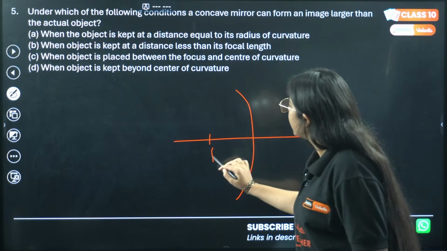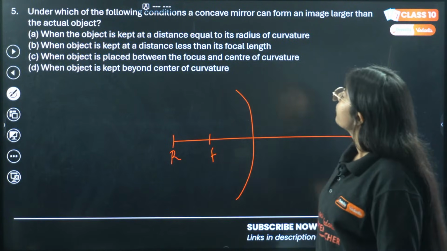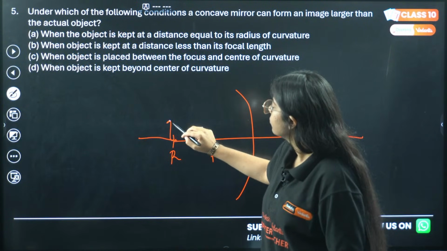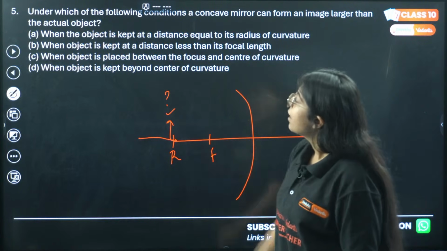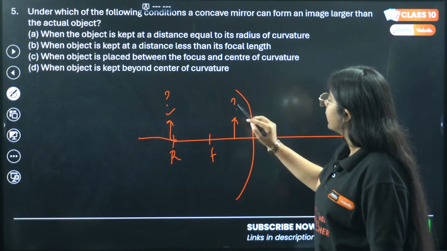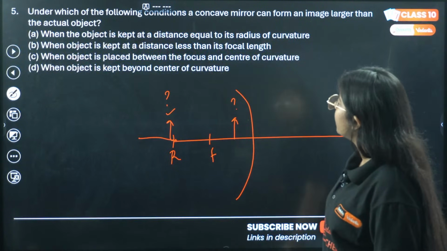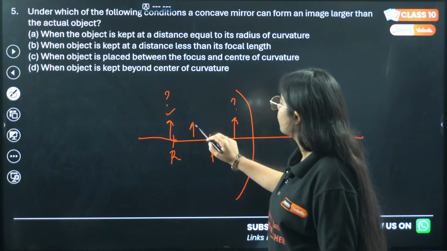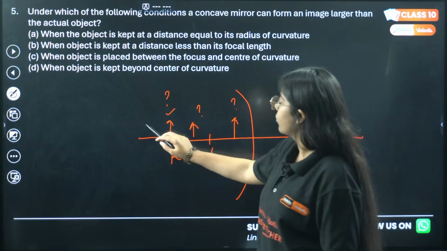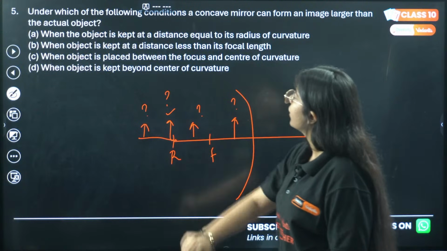This is the focal length, this is the radius. Option A: at a distance equal to its radius of curvature, will the object be here? Option B: when the object is kept at a distance less than the focal length, will the object be here? Option C: when an object is placed between focus and center of curvature, will the object be here? Option D: when the object is kept beyond center of curvature, will the object be here?